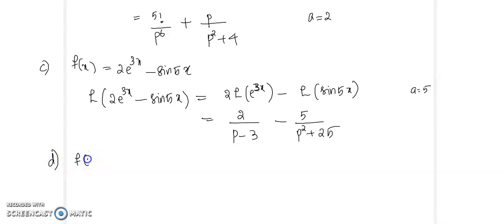Then if you have f of x equal to 4 sin x cos x plus 2 e raised to minus x.